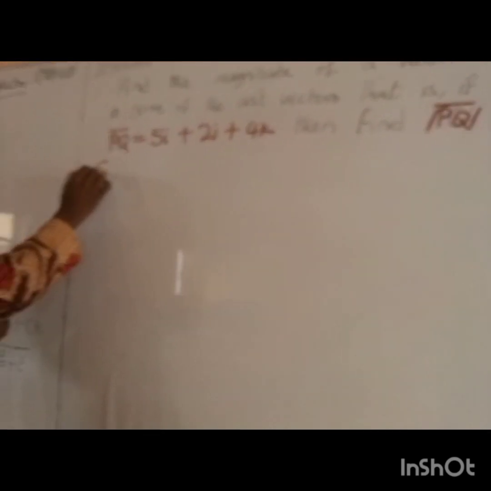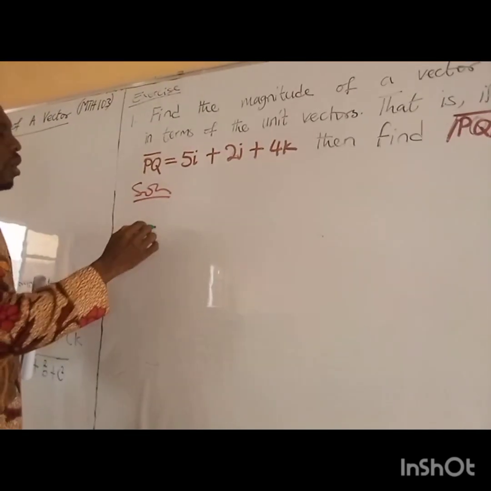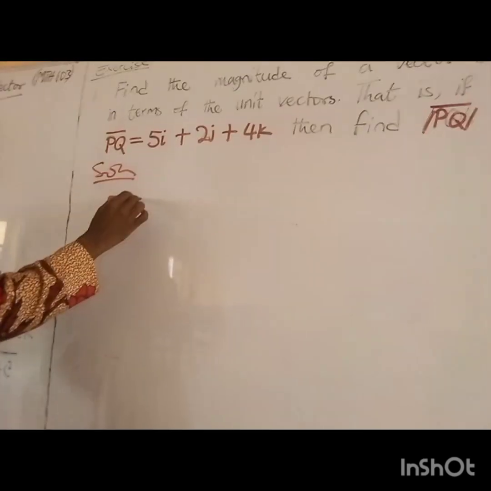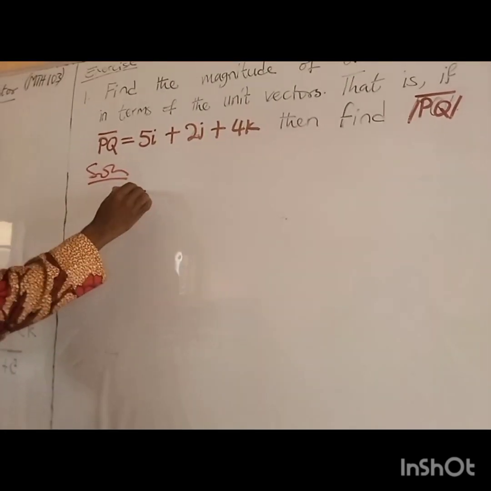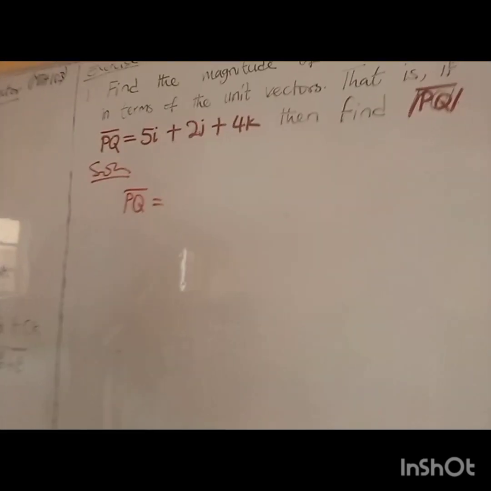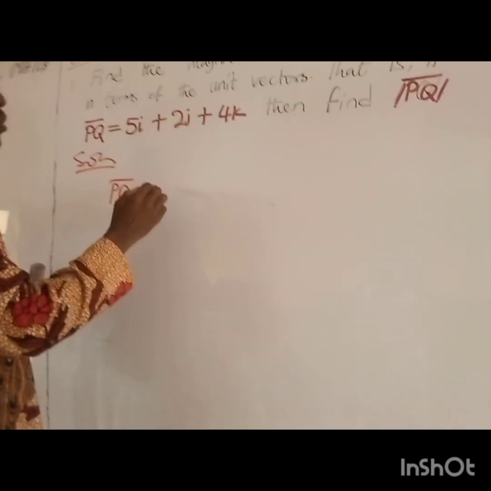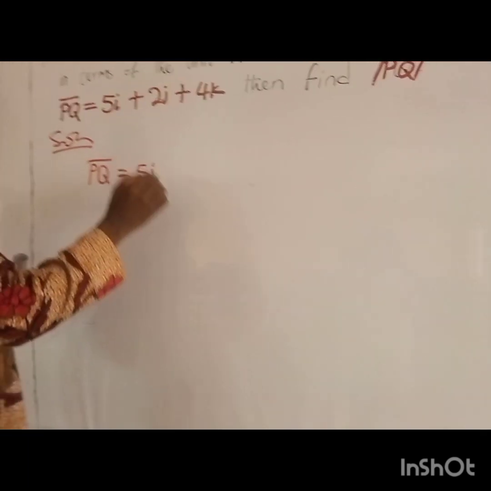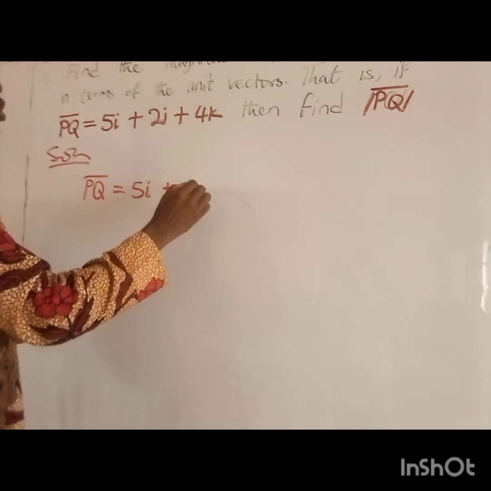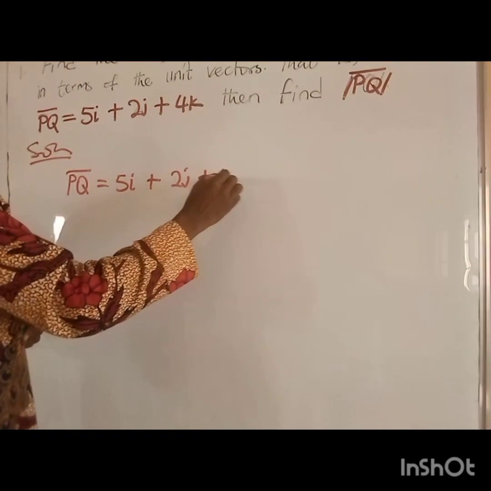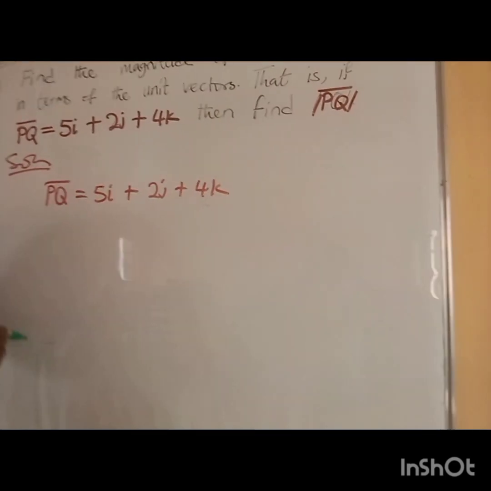Now to find the magnitude of PQ, all you need to do is to outline it properly. You say PQ is equal to 5i plus 2j plus 4k.